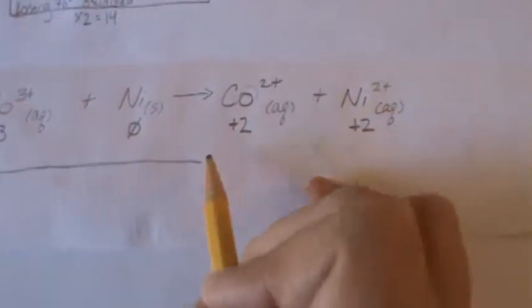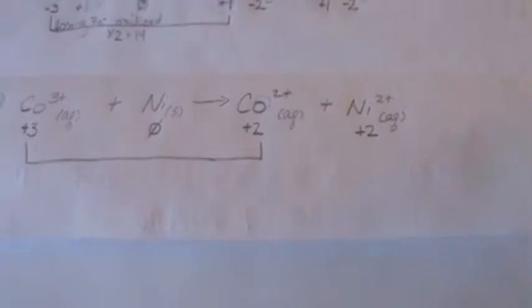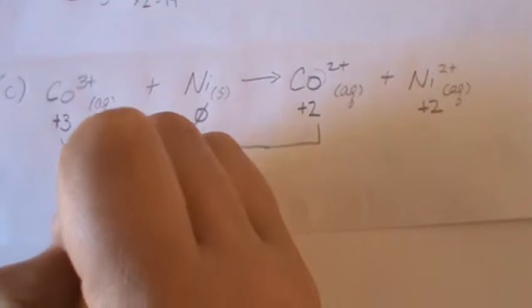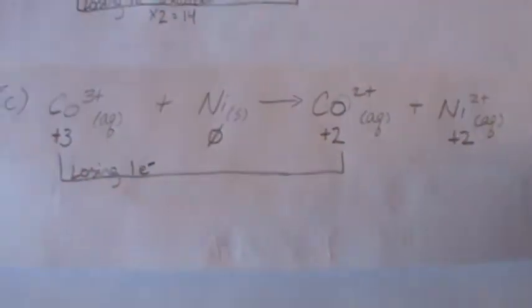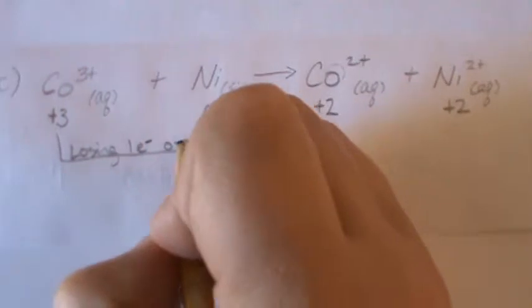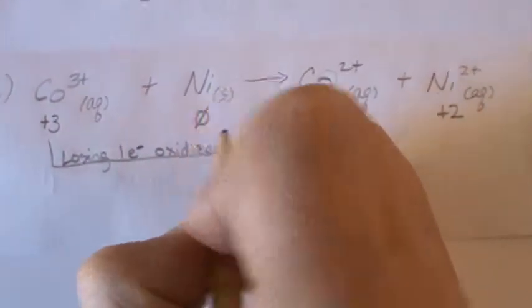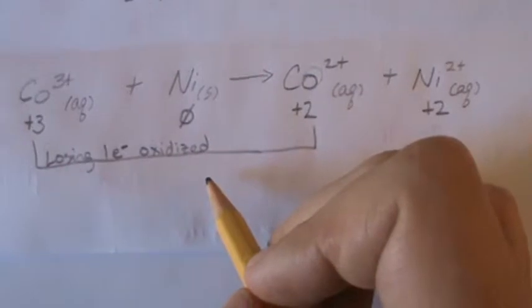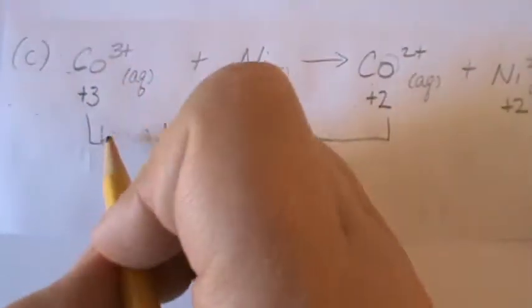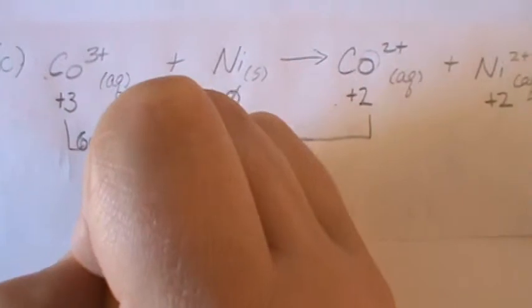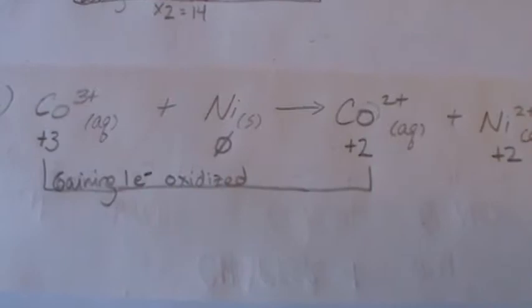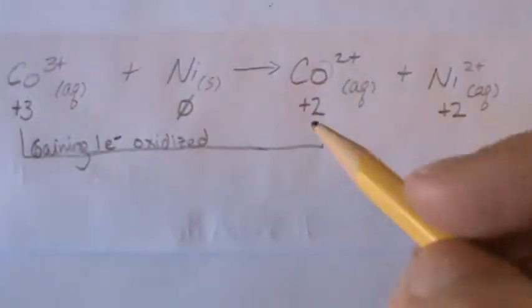Our cobalt goes from +3 to +2. I'm sorry, I am really misstating things: we are gaining 1 electron, because +3 to +2 goes down on the number line.